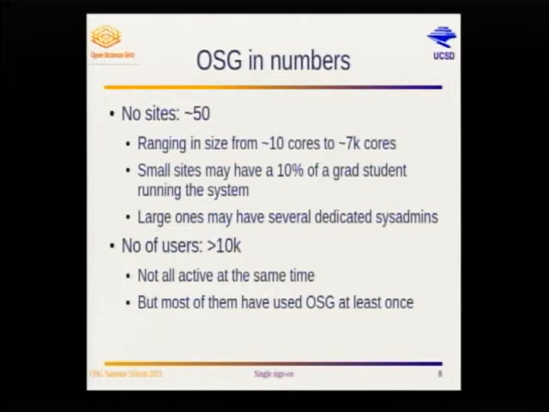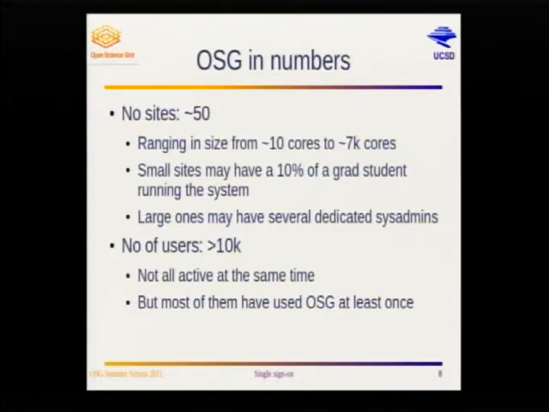The small sites may just have a tenth of a graduate student or even an undergrad doing everything from installing security patches, monitoring, you name it, he does it. While the big ones actually have a team of system administrators that do nothing but look after their site. So the kind of support you will get at different sites can change a lot.